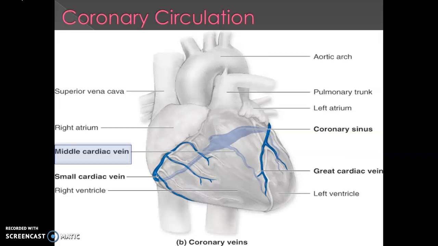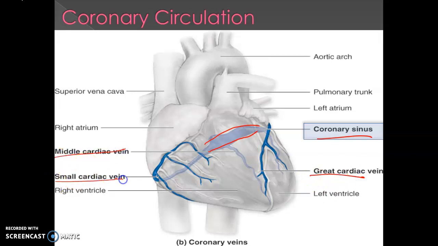These three veins carry deoxygenated blood from the wall of the heart and dump it into a bigger vein. You see this big thick vein posteriorly? This is called coronary sinus. So deoxygenated blood from the wall of the heart is carried by three veins: great cardiac vein, middle cardiac vein and small cardiac vein.